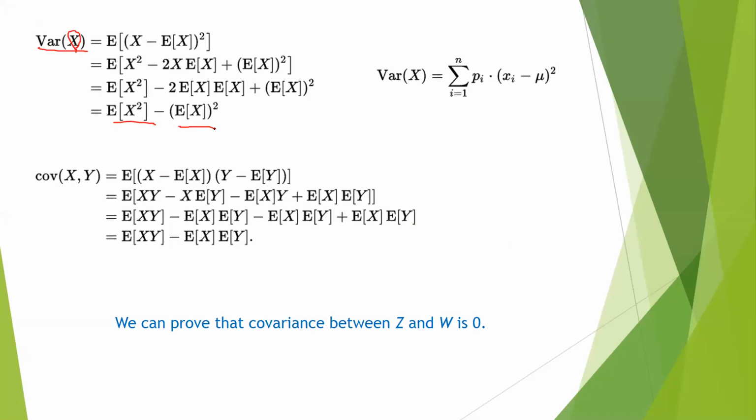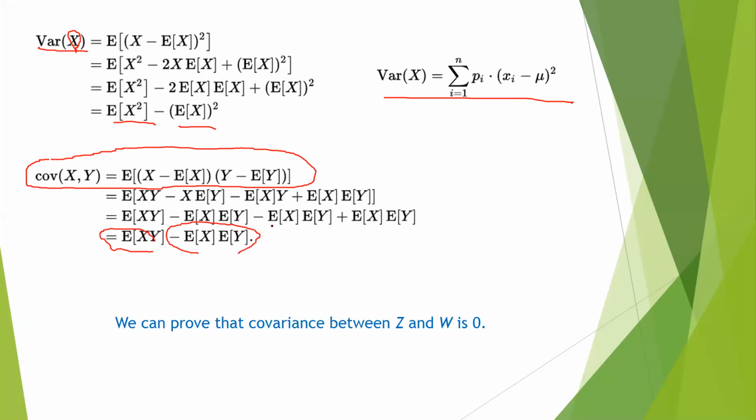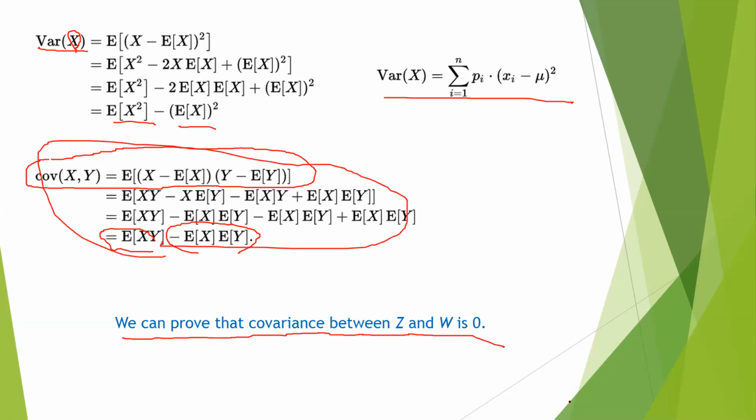The variance of the random variable X equals the expectation of X squared minus the square of the expectation of X. This is the formula for calculating the covariance between two random variables, X and Y. When you use the information about the F2 population, you can easily prove the covariance between Z and W is equal to 0. Just use this formula here.